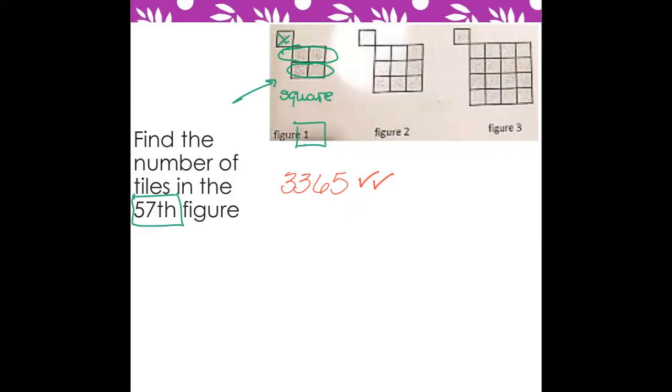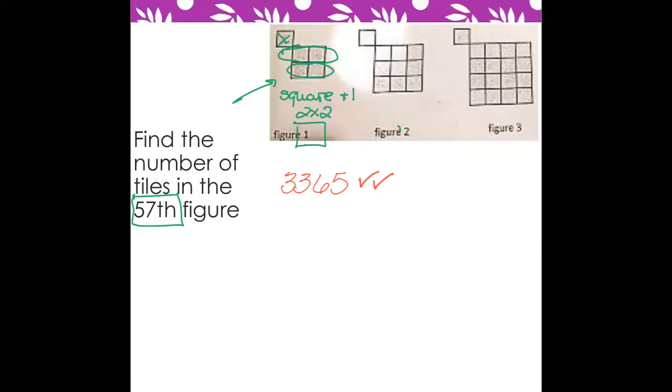So for each one, it is a square plus 1. Now, what is the size of that square for figure 1? It is a 2 by 2. And 2 is one more than the figure number 1, right?